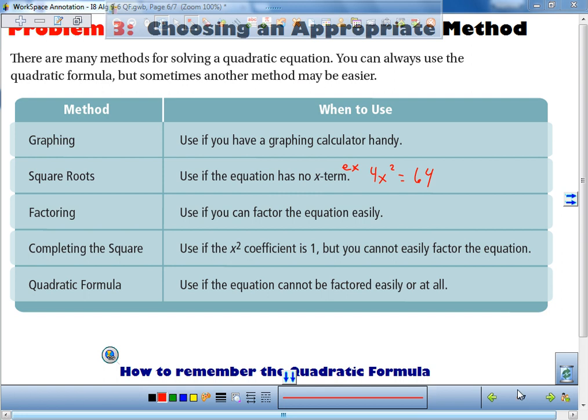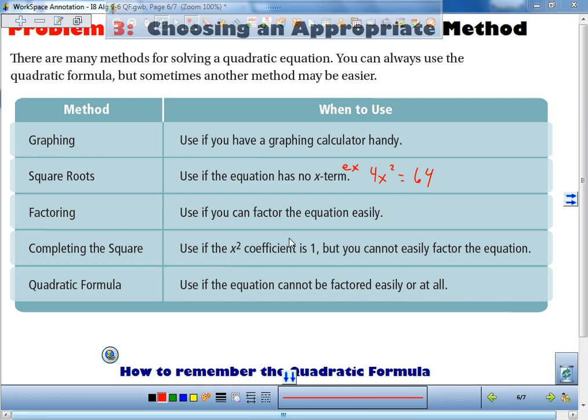Okay, anyway, the last page is just saying which method would work best. Okay, if you can solve by square roots because it has no x term or it's just got variables with x squared in it, you can use square roots. Factoring, if there are factors of a times c that add together to give you the middle term of b, then you would want to factor.